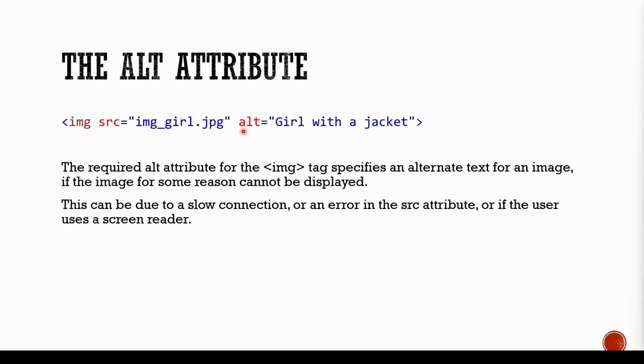So this alt text is going to be displayed there. Or if your user is using a screen reader, it can just say out loud that this image is showing a picture of a girl with a jacket.